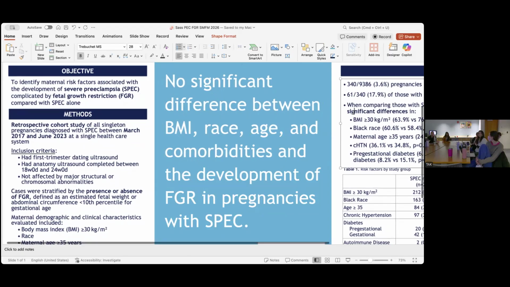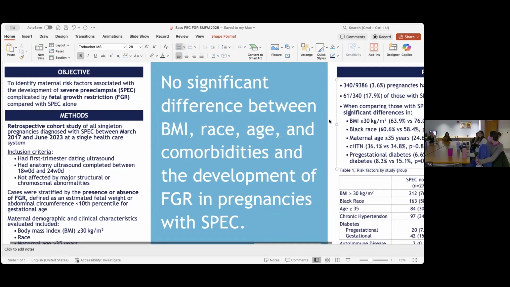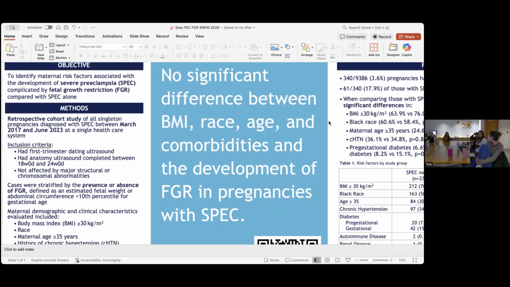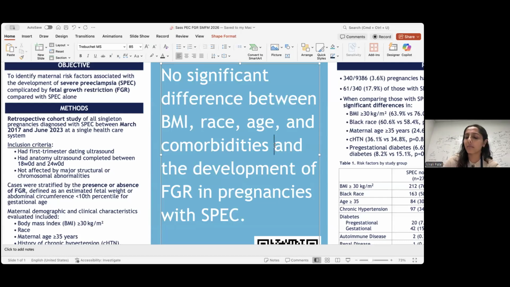Scroll, actually, once you're done with that, I just feel like I need to see more of the methods. Or maybe just say BMI, race, age, and comorbidities not associated with FGR in pregnancies complicated by severe preeclampsia. Okay, yeah.